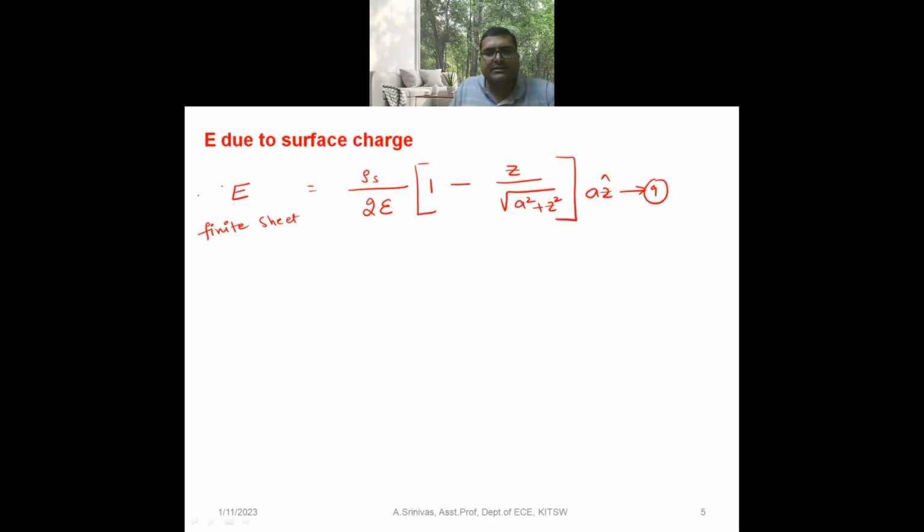Now here, this is the equation due to finite sheet of charge. If the sheet of charge is infinitely distributed on the xy plane, that is the electric field intensity due to infinite sheet. For infinite sheet, the radius is infinity, then it is equivalent to rho s by 2 epsilon az cap.